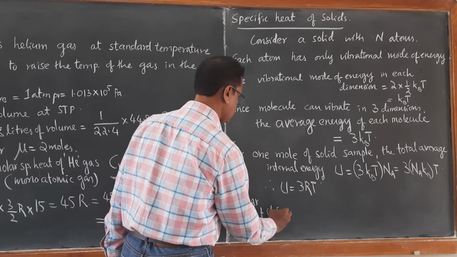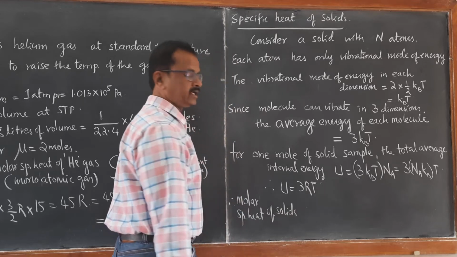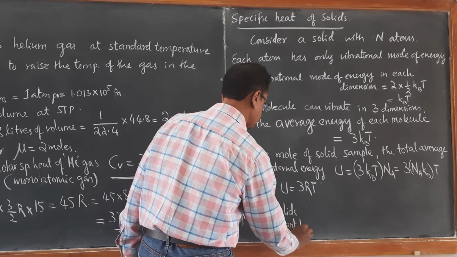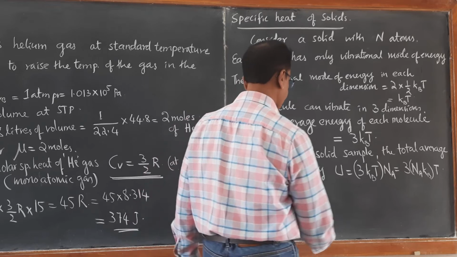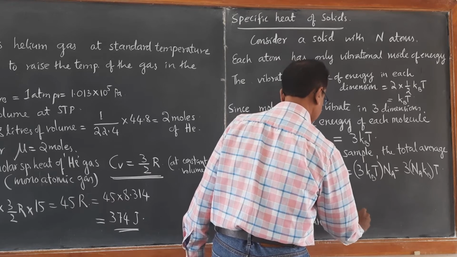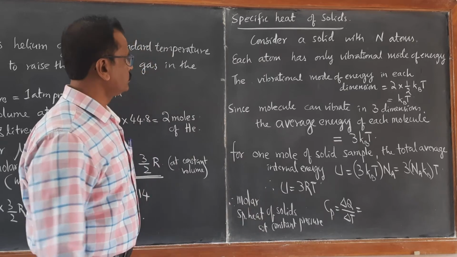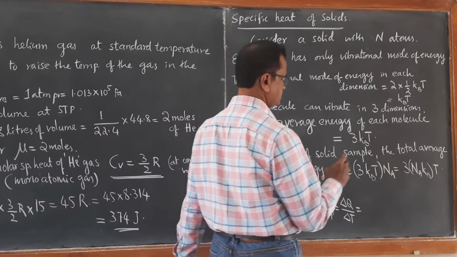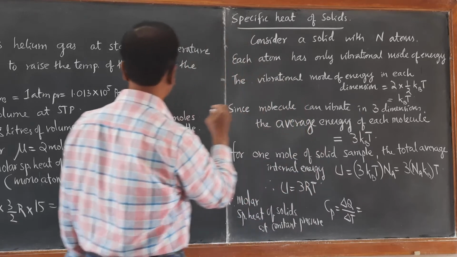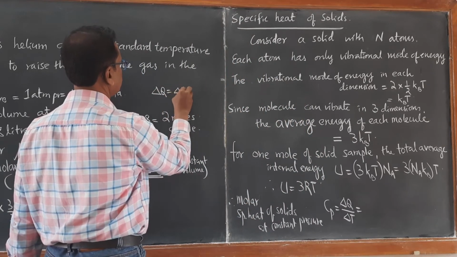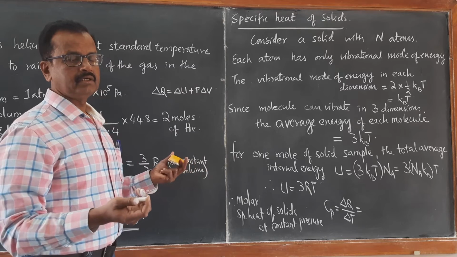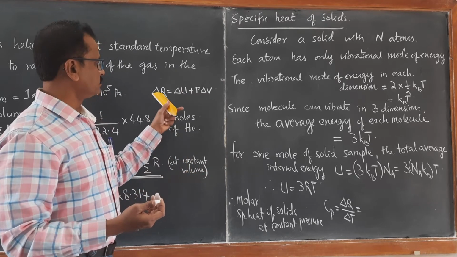The molar specific heat of solids at constant pressure can be calculated: Cp equal to delta Q by delta T. See, delta Q, using the first law of thermodynamics, is delta U plus P delta V. Now, the volume of a solid does not change when we supply heat.